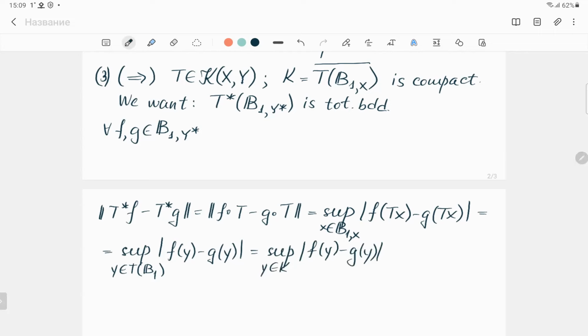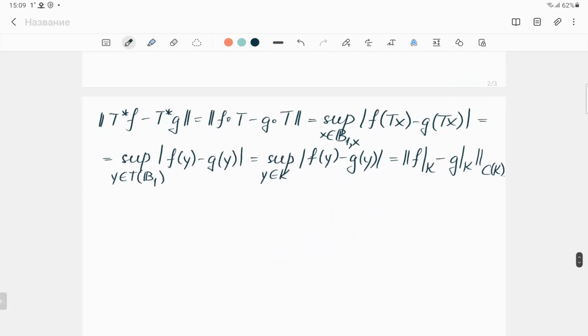Well, this is nothing but the norm of f minus g in C of K. Or more exactly, not of f minus g, but we must take the restrictions of f and g to K. And we calculate the distance between these two functions in C of K.